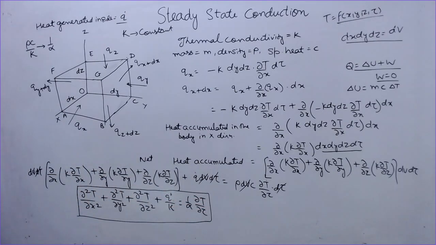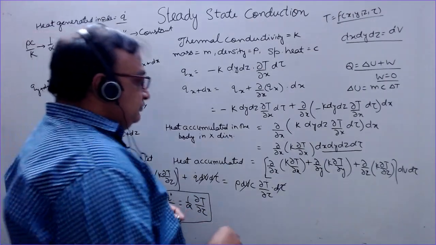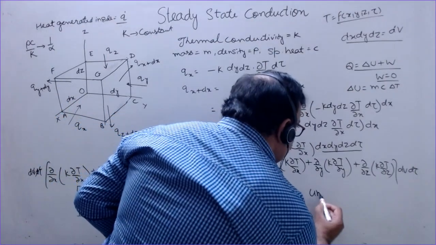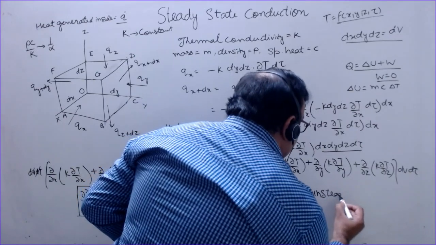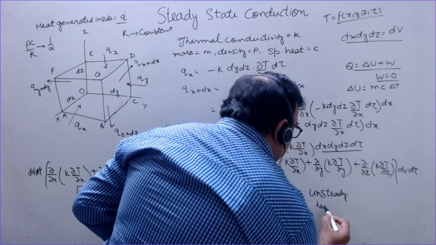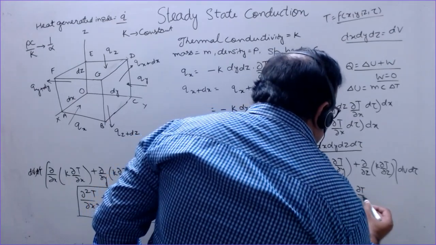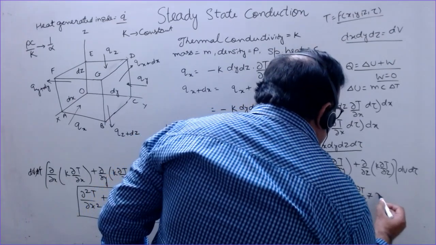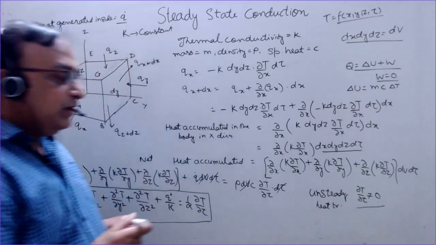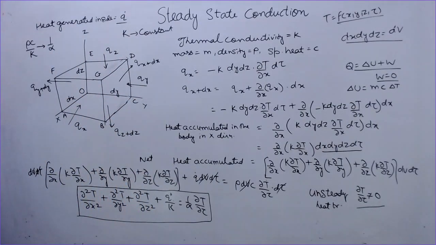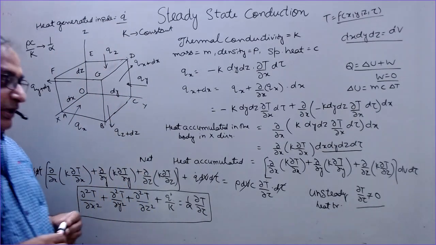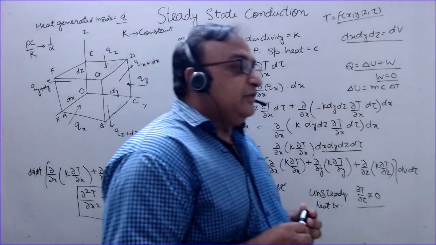Why? What is unsteady? Unsteady heat transfer means that del T by del of time is not equal to 0. If it is steady state heat transfer, in that case temperature remains constant with respect to time.